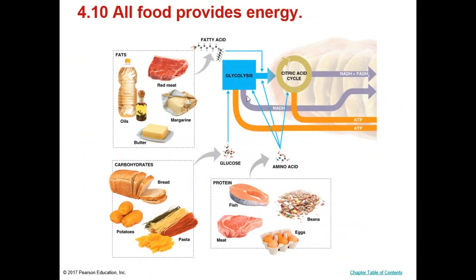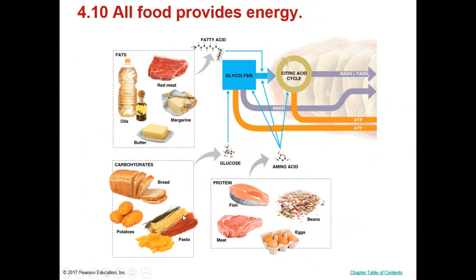Okay, so last but not least, all food can provide us with the energy required, the fuel required, for metabolism to take place. But again, one of the most important fuel sources is carbohydrates, right? Because carbohydrates can be utilized as quick energy sources, and therefore become the main energy source for all of us.